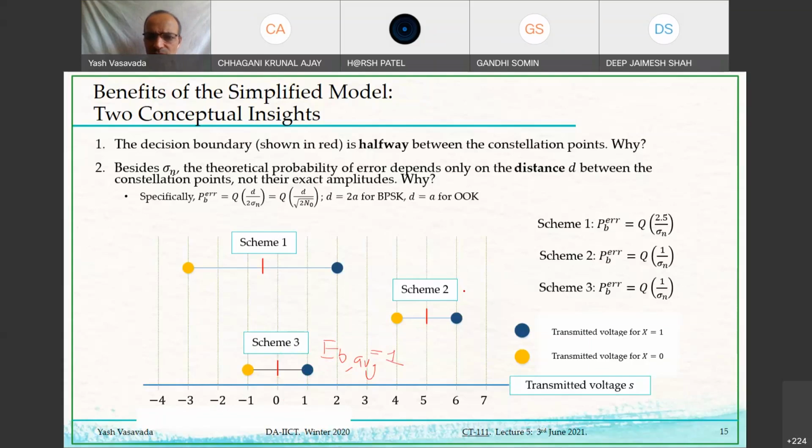What about scheme 2? What is going to be the average energy of scheme 2? Average energy per symbol or average energy per bit for scheme 2? Should it be 30?